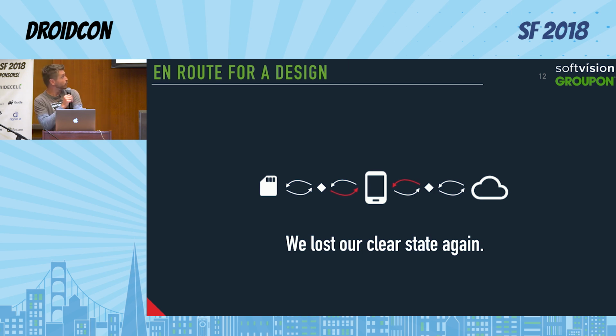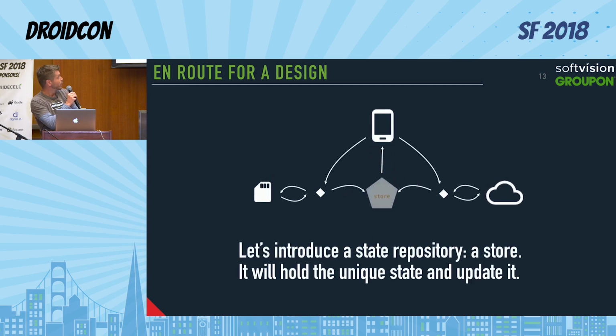So to address this problem, we're going to introduce a state repository, which we call the store inside Grox. This state repository, or this store, is going to be the unique source of truth inside your application. It's going to be the only component that stores the unique state of the application. So that's quite a constraint, but you will see it makes things much easier.